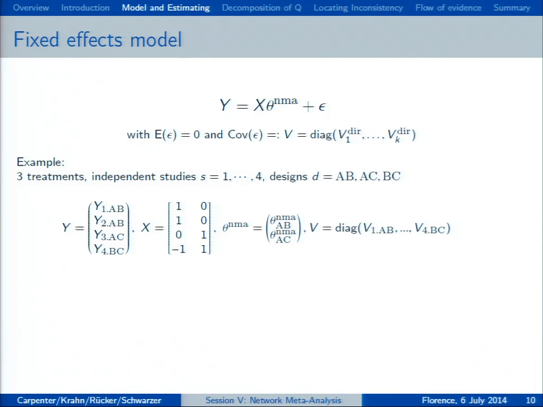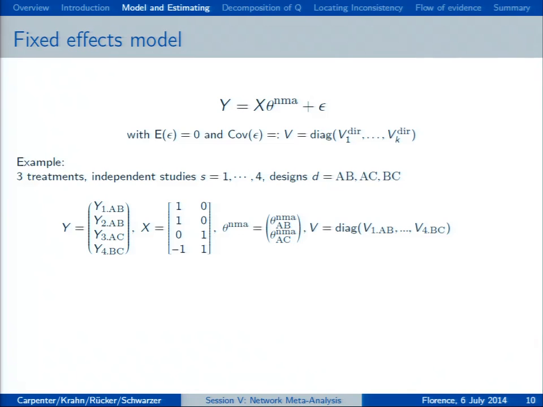And the design matrix contains one column for each treatment that is compared to the reference treatment in the network. So we choose in this example treatment A as the reference, and then we want to estimate the treatment effects AB and AC.